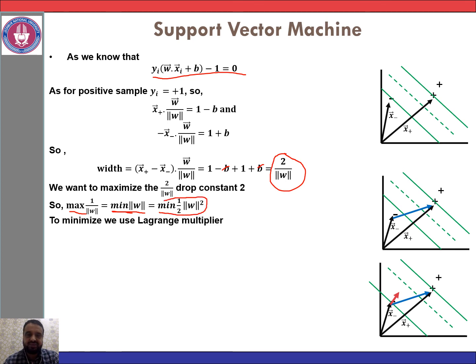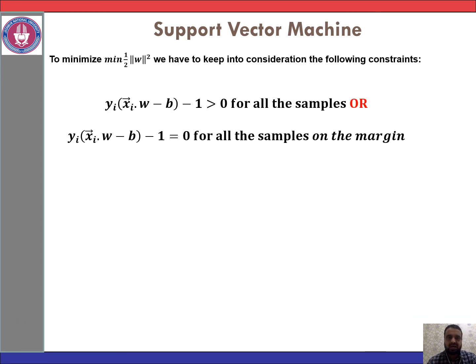So this is the main objective of support vector machine: to draw an optimal decision boundary with maximum separation between two classes. And to minimize this objective, we need to use a Lagrange multiplier. However, when we want to minimize this, we need to consider the constraint also.